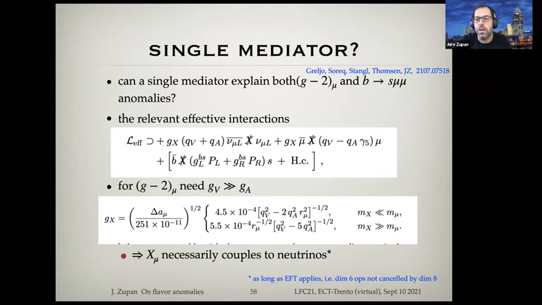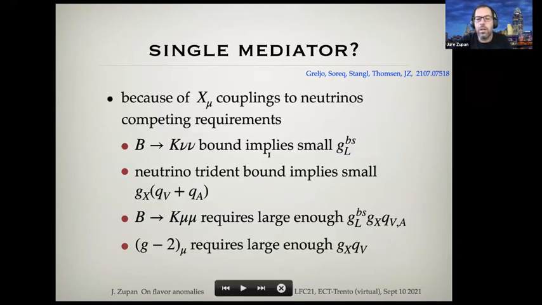And that is deadly, because if you try now to explain also B to S mu mu, then there are competing requirements. The B to K nu bound will imply a small coupling for B to S. The neutrino trident will also imply a small coupling to the neutrinos. But I can't have both if I want to explain the anomaly. So that then numerically doesn't work.